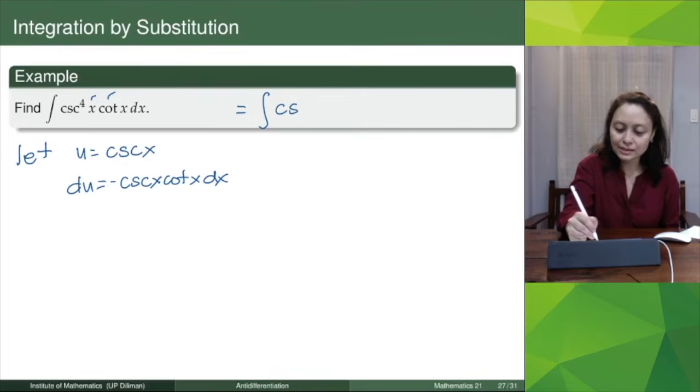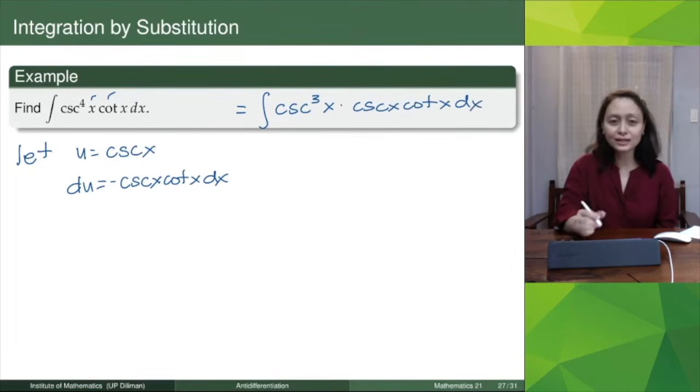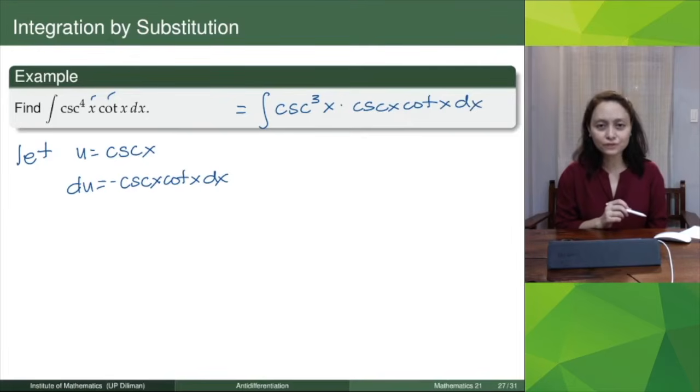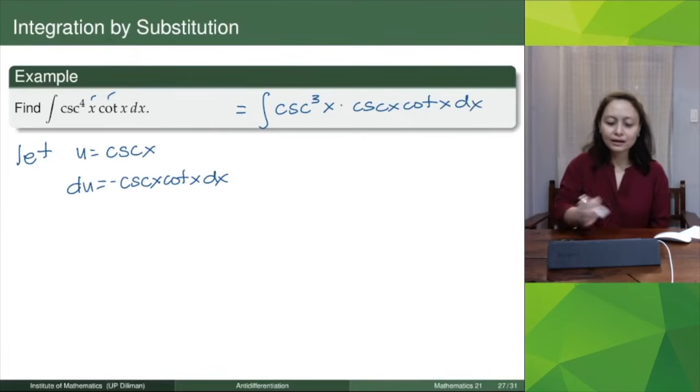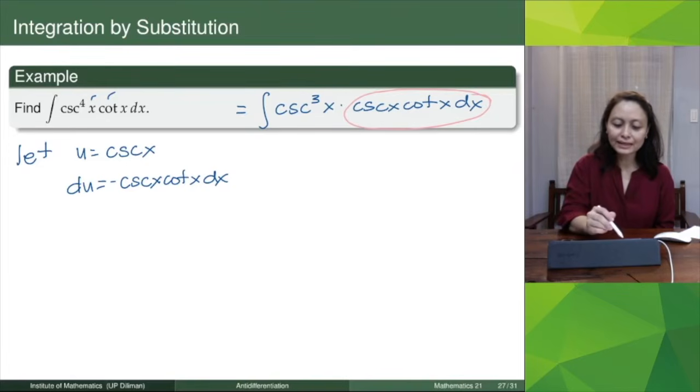So, we write this as cosecant cube x times cosecant x cotangent x dx. Okay, equal pa rin. This is still equal to cosecant x raised to 4 times cotangent x. Pinaghiwalay lang natin para itong part na to ay negative du. Equal sa negative du. Okay?